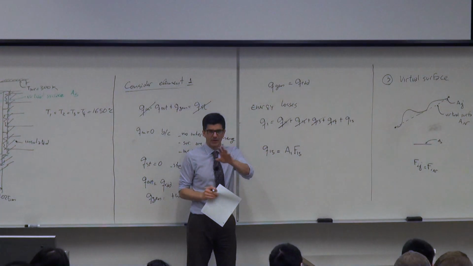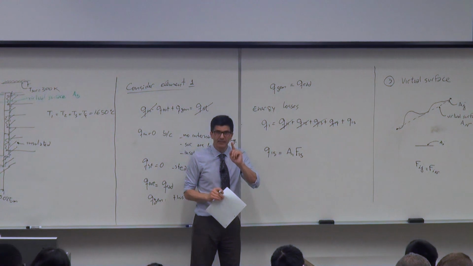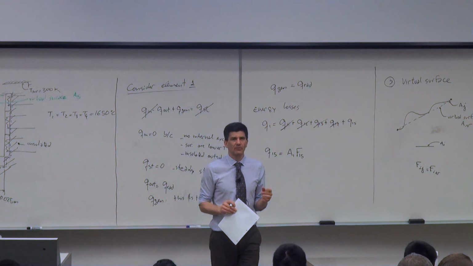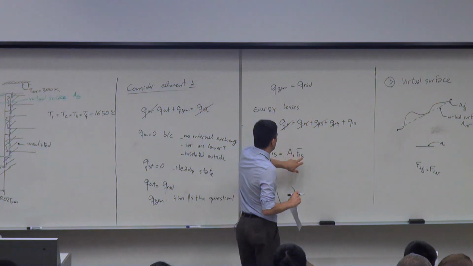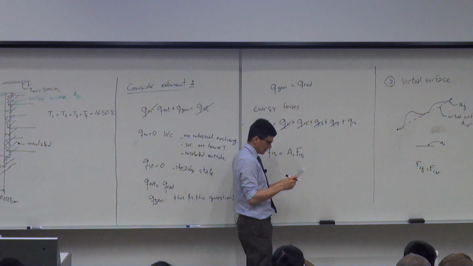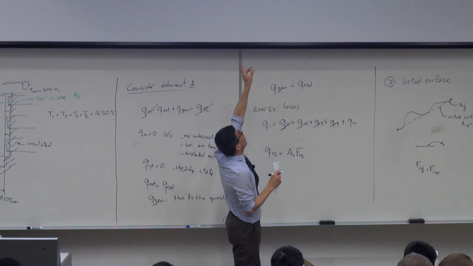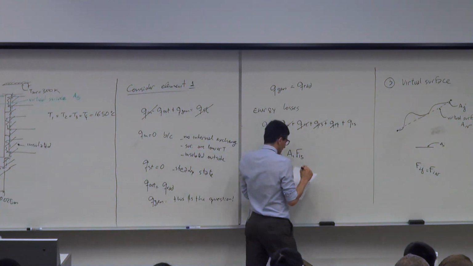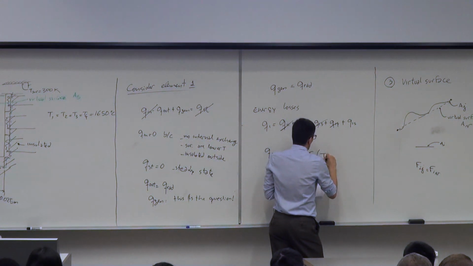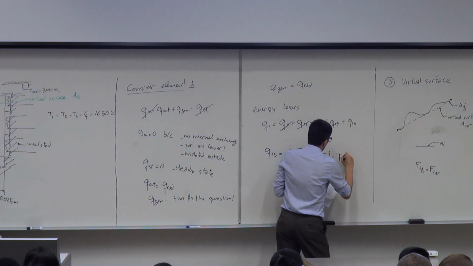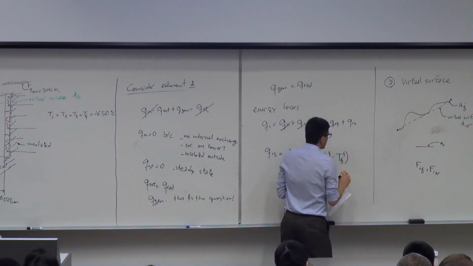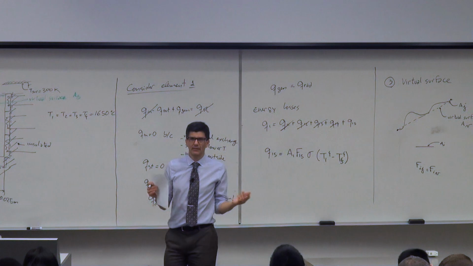Right, no epsilon, but yes, view factor. You couldn't have done this before because you'd have forgotten about this F15. And you're going to see F15 actually is pretty small, because it sees only a little tiny hole at the end. So times sigma times T1 to the 4 minus T5 to the 4. And of course, it's in Kelvin, right?